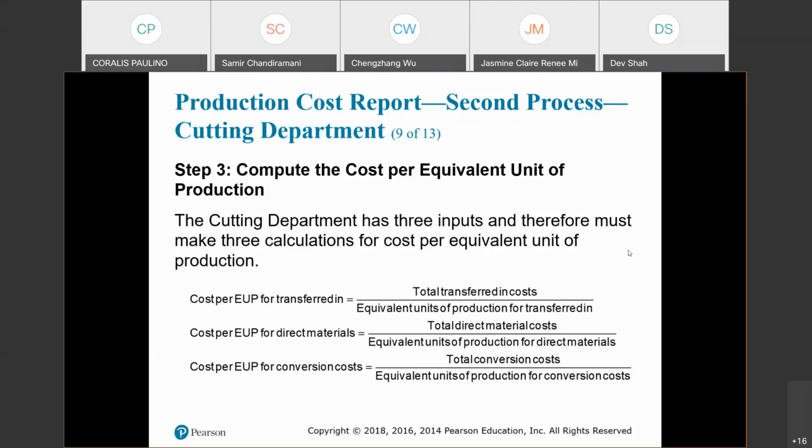Well, as I said, the first input source is transferred in costs. So we use total transferred in cost divided by equivalent units of production for transferred in. And similarly, we use total direct material cost divided by EUP for direct materials. And total conversion cost divided by EUP for conversion costs.